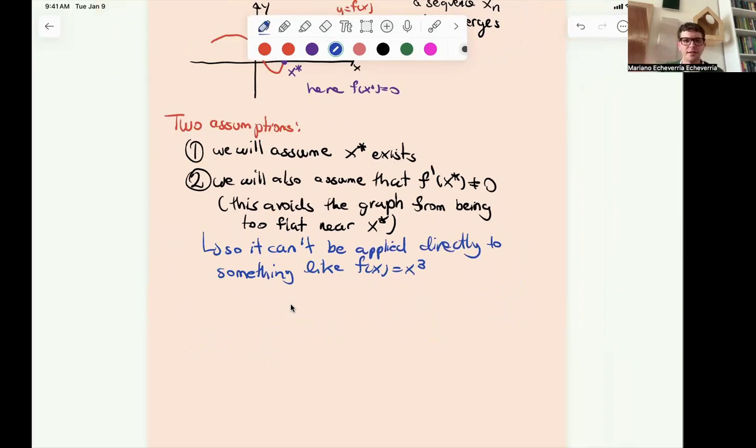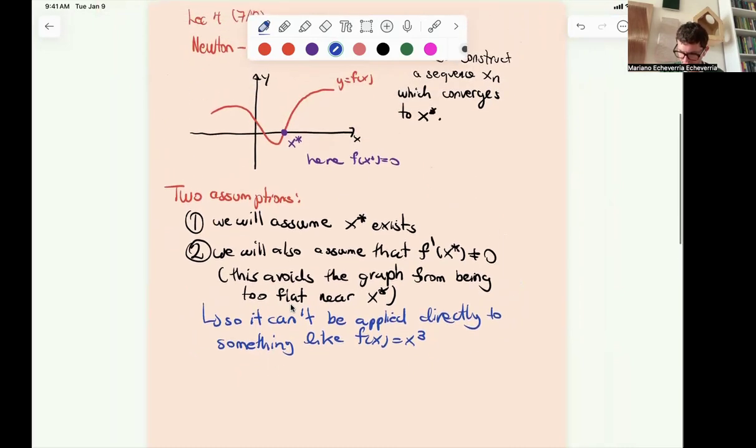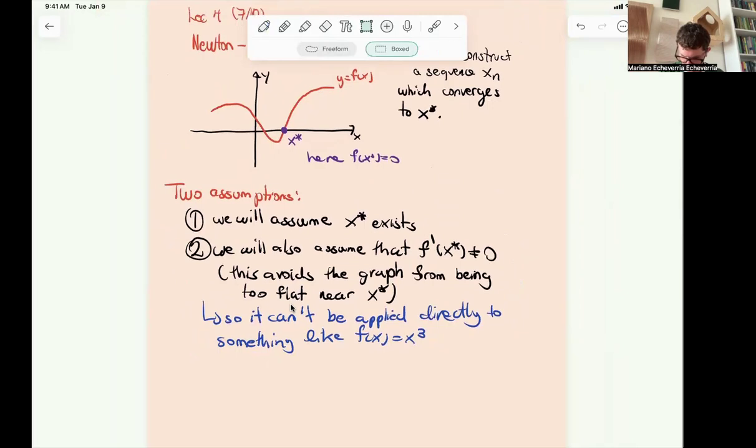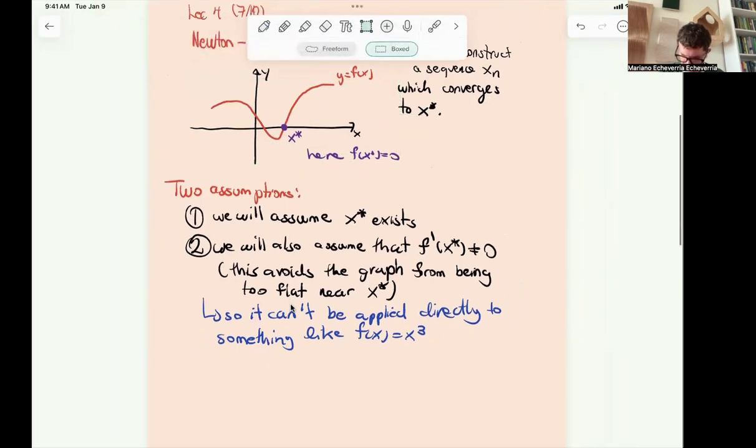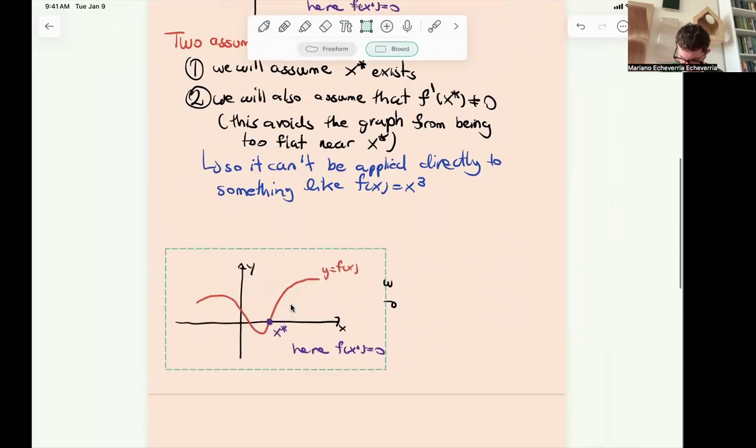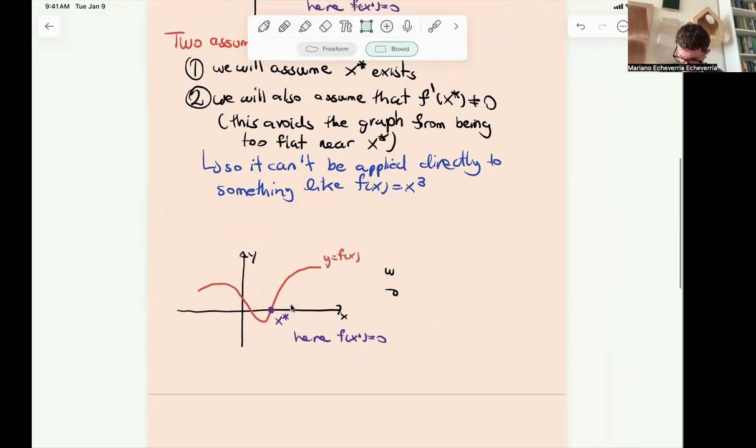Okay, so how does the method work? Here's the idea of the method. How is the sequence generated?